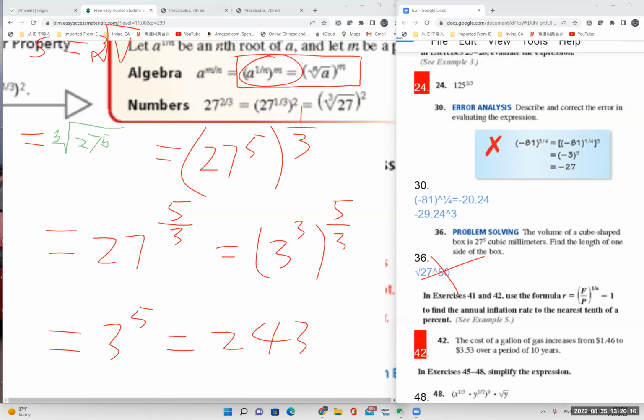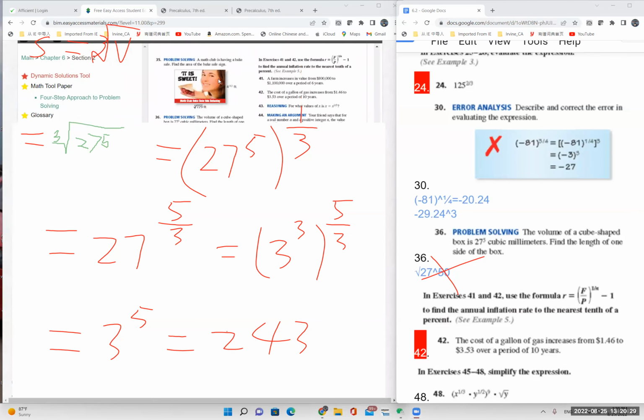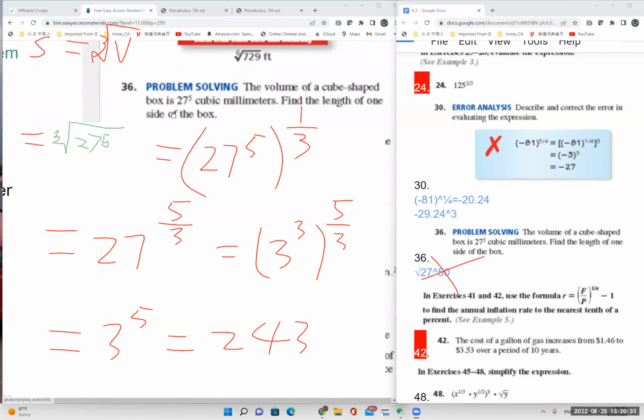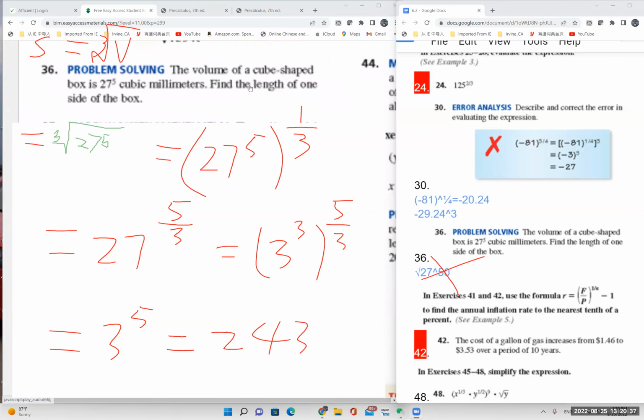Then this equal to, okay, the unit should be, let's go back to the problem. Okay, yeah, it's this problem.